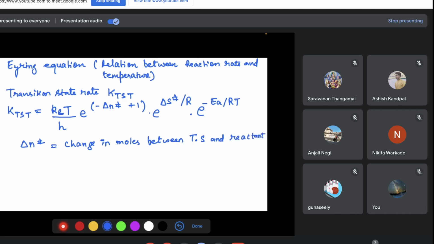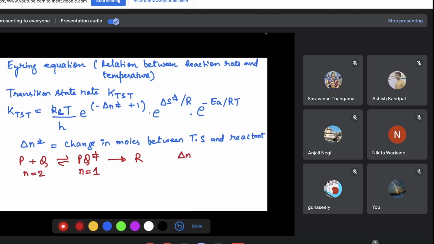For example, in the given problem, we have P plus Q. If PQ is my transition state, it gives me the product R. So here the molecularity for the transition state is 1, and the number of moles on the reactant side is 2.